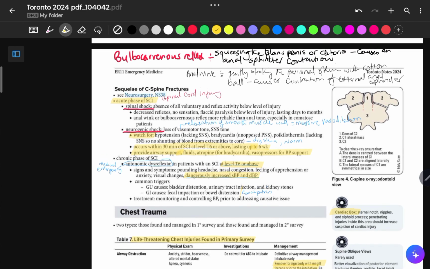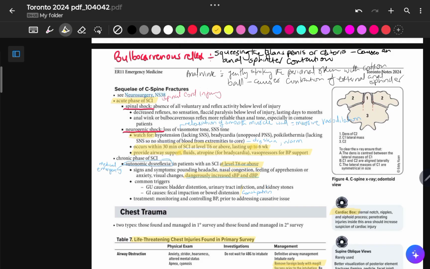So what are the sequelae of a C-spine fracture? Number one, you have an acute phase of spinal cord injury. How would the patient present in an acute phase? It will be either spinal shock or neurogenic shock.